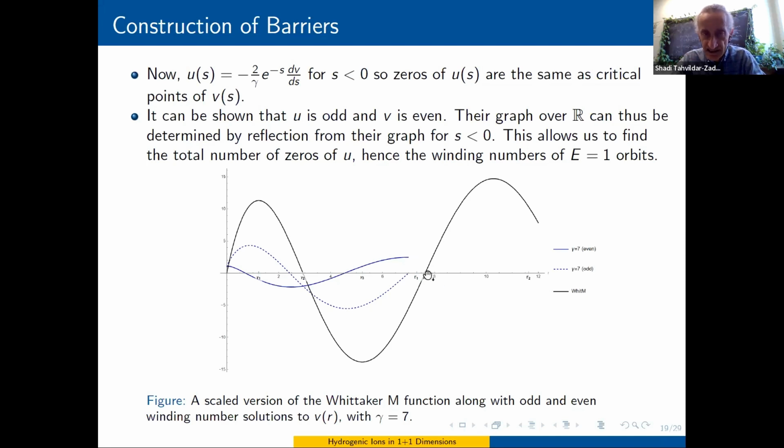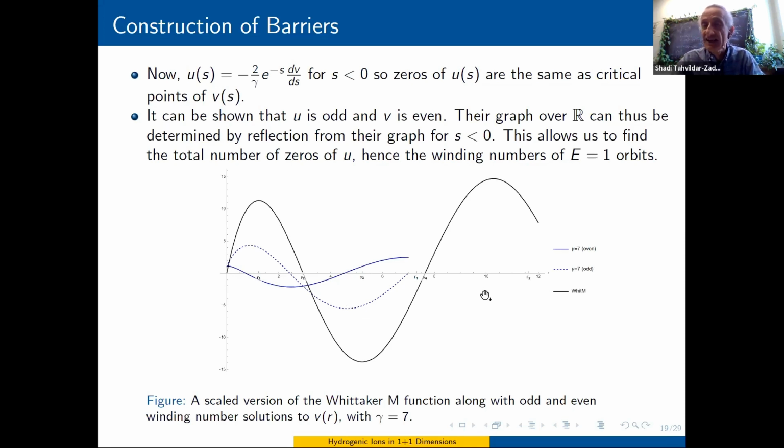You see, the 0 of the Whittaker function is here. And if you choose this particular gamma, there will be 2 particular solutions for the V equation. And let's count the number of critical points. This one has 1 critical point here and 1 here. So it has 2 critical points, right?